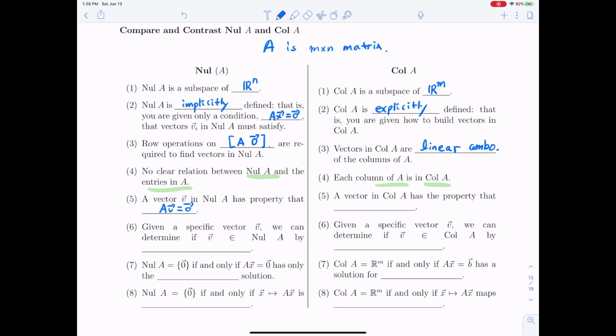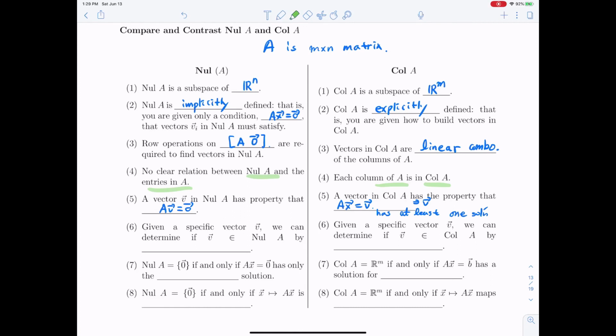And for the column space, if you take v inside the column space of A, then we can find at least one x that satisfies this equation, or this equation has at least one solution, because the column space is the range of the given matrix.